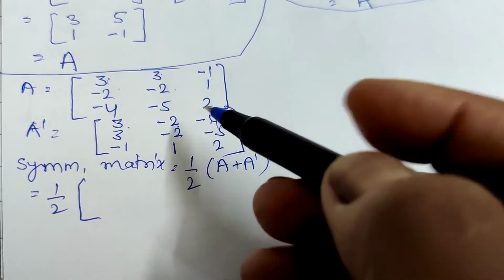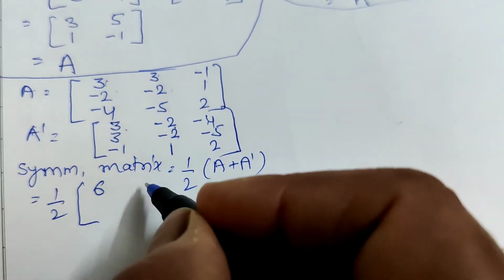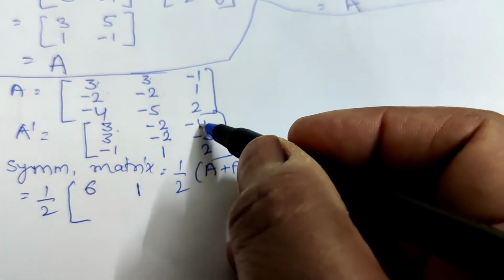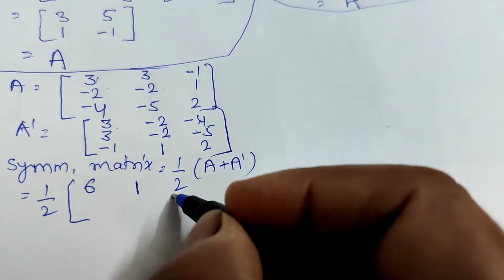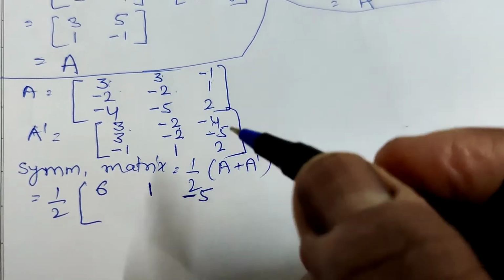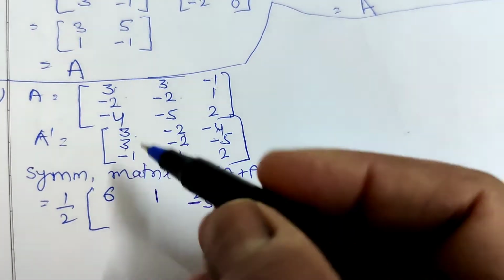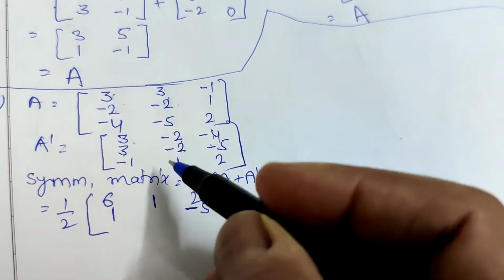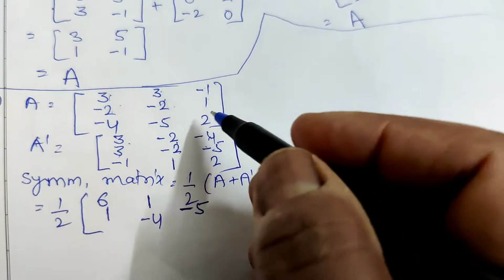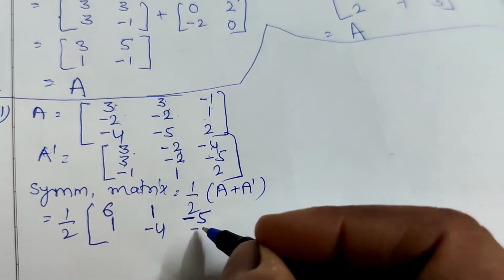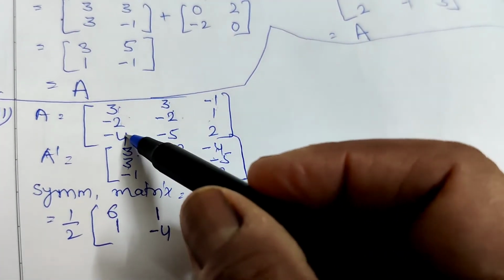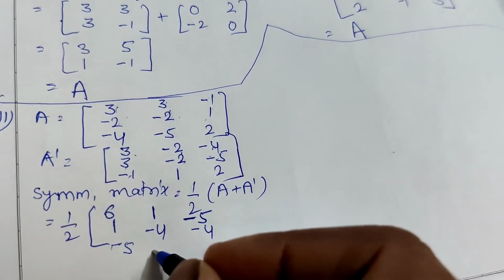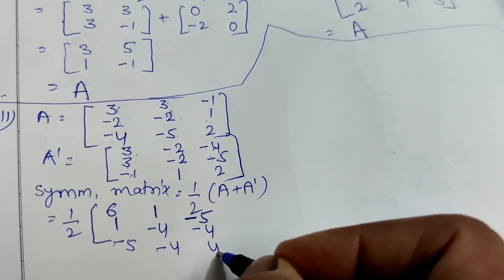Minus 1 plus 4, 3. 6, 1, minus 5, minus 1 minus 4, minus 5. Second: minus 2 plus 3, 1. Minus 2 minus 2, minus 4, and 1 minus 5 is minus 4. Next: minus 1 minus 5, minus 4, and 4.